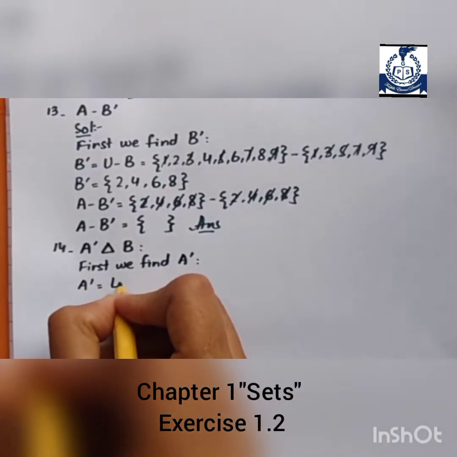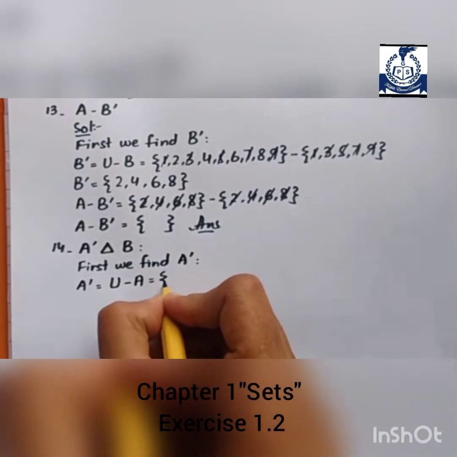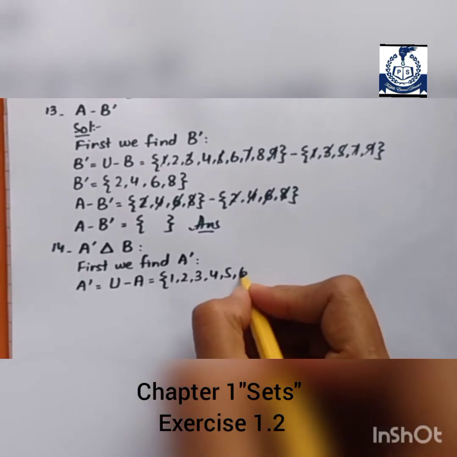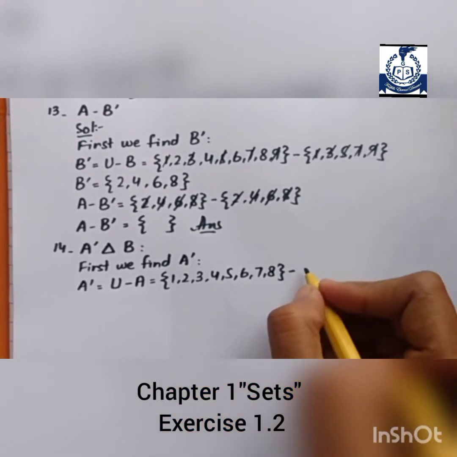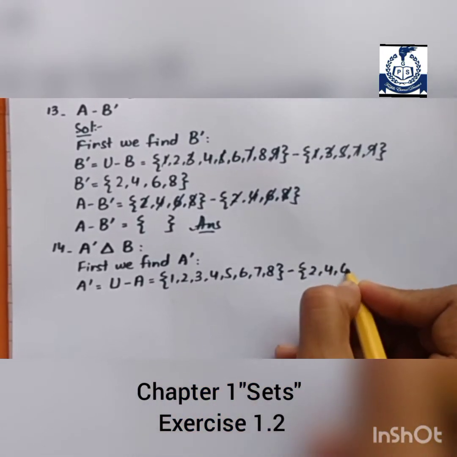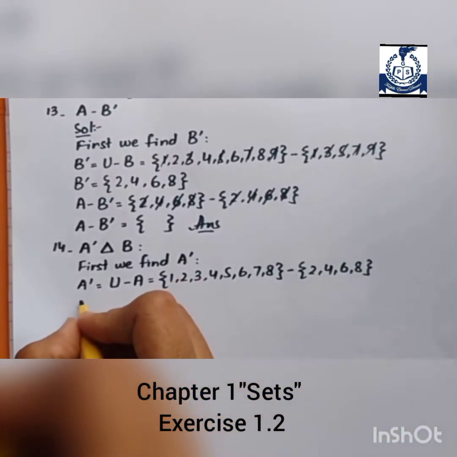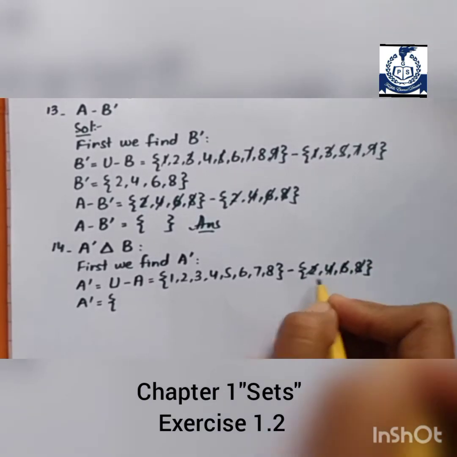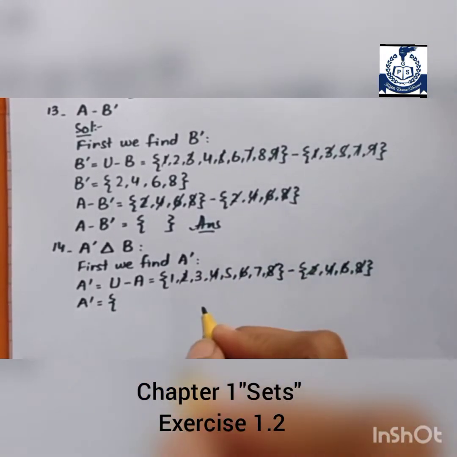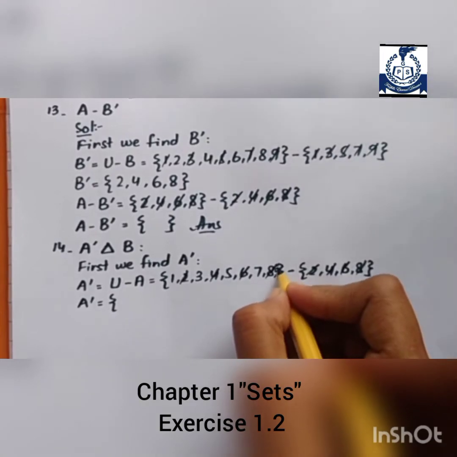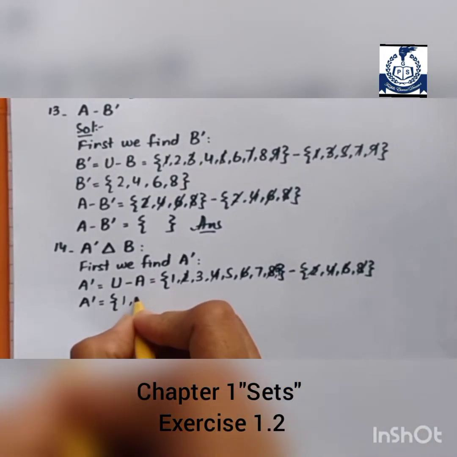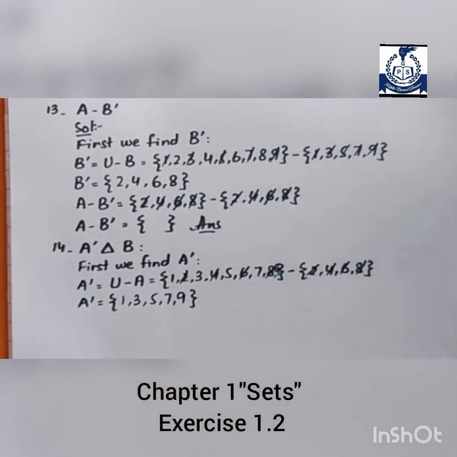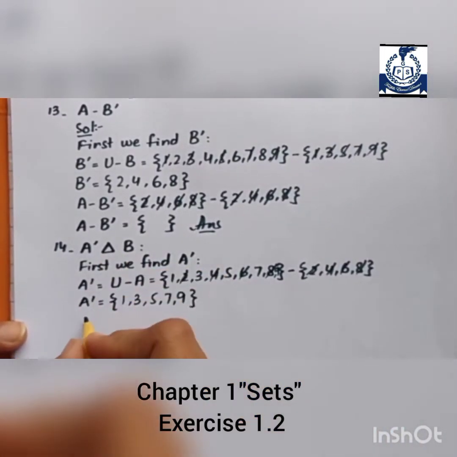A complement is equal to universal set minus A. In a place of universal set, we write the elements of universal set 1, 2, 3, 4, 5, 6, 7, 8, 9. Minus, and in a place of A, we write 2, 4, 6, 8. A complement is equal to, we cancel out the same elements, 2, 4, 6, 8. So remaining elements are 1, 3, 5, 7, 9. So A complement is equal to 1, 3, 5, 7, 9.